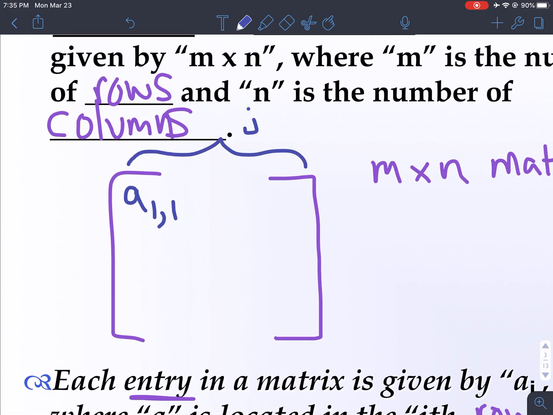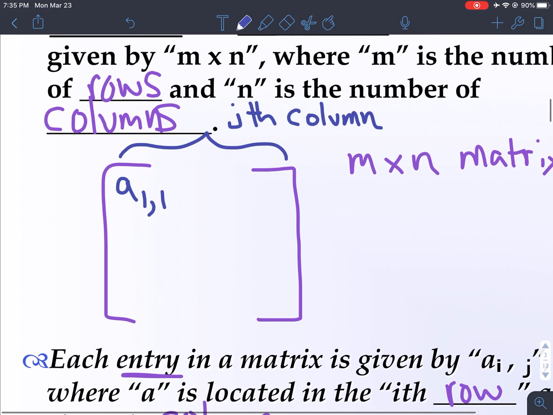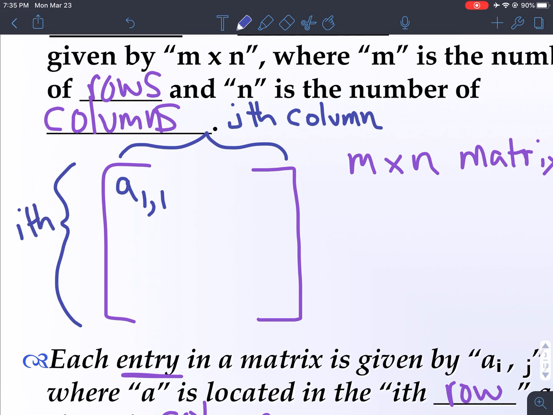This is going to be the jth column. The columns go vertically, and then the ith row is going to be located on the left-hand side. All right, so the rows go horizontally.